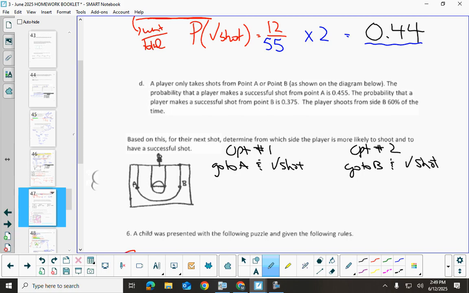So 60% of the time they go to B side. So if they go to B side 60% of the time, or 0.6, then what percent of the time do they go to the A side? 40%.